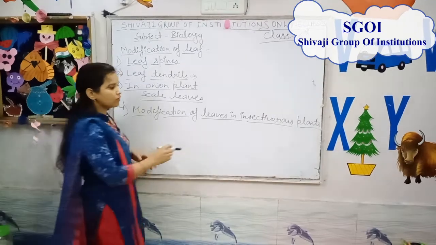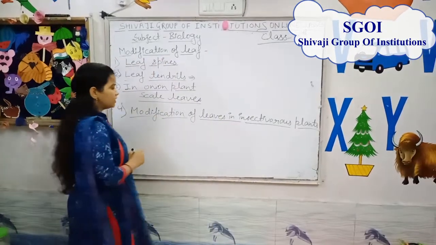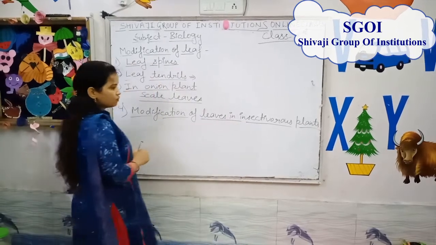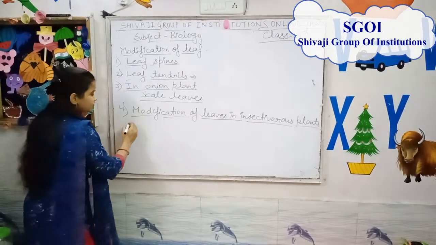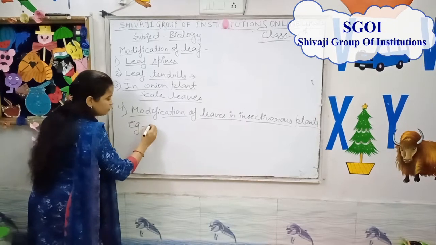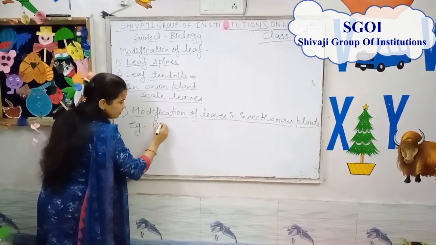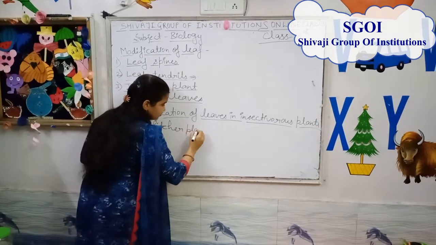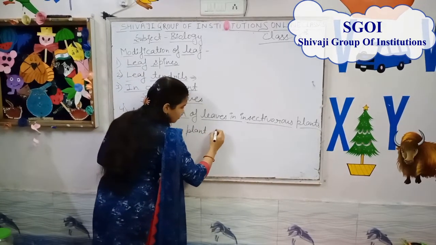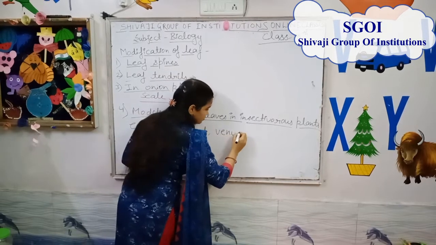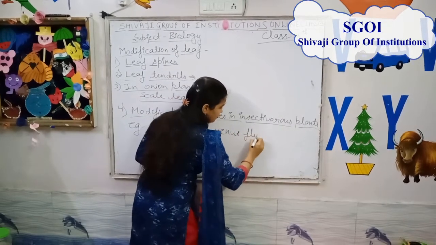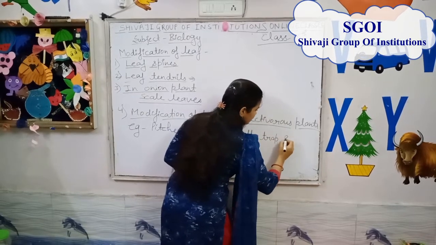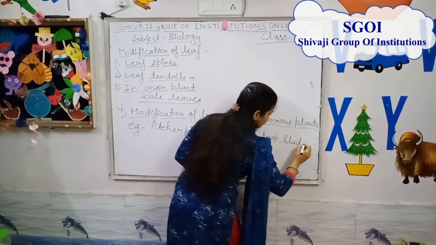So these plants are called insectivorous plants, and this type of modification is called modification of leaves in insectivorous plants. For example, this type of modification is found in pitcher plant, Venus flytrap, and bladderwort.